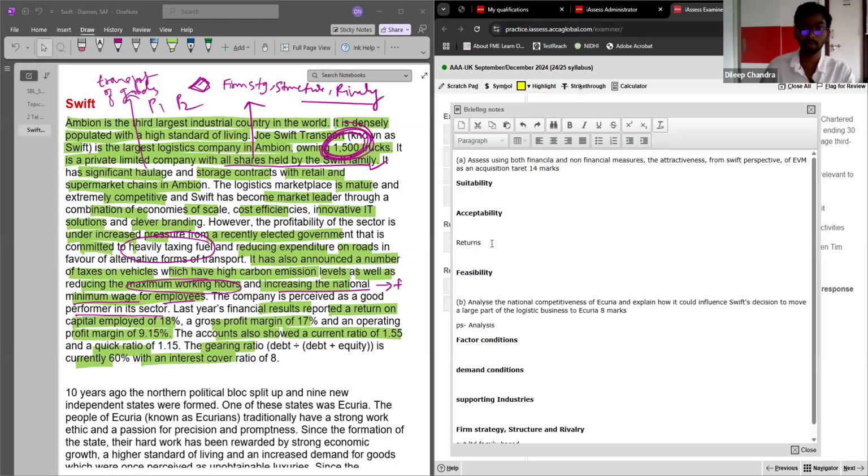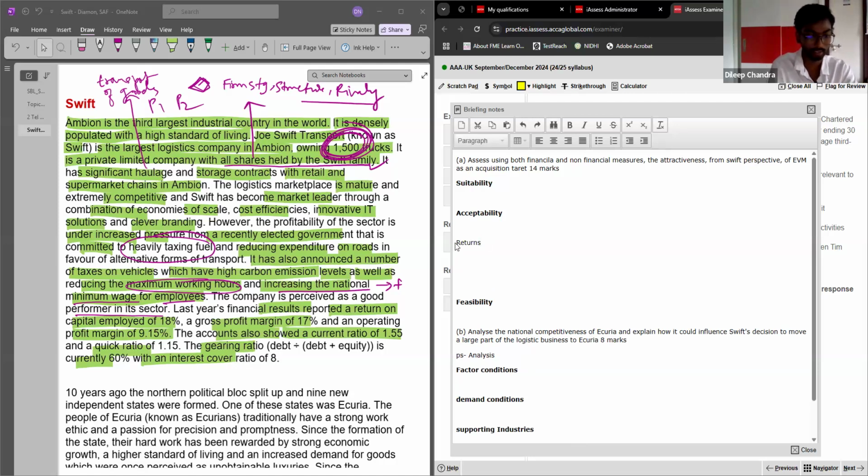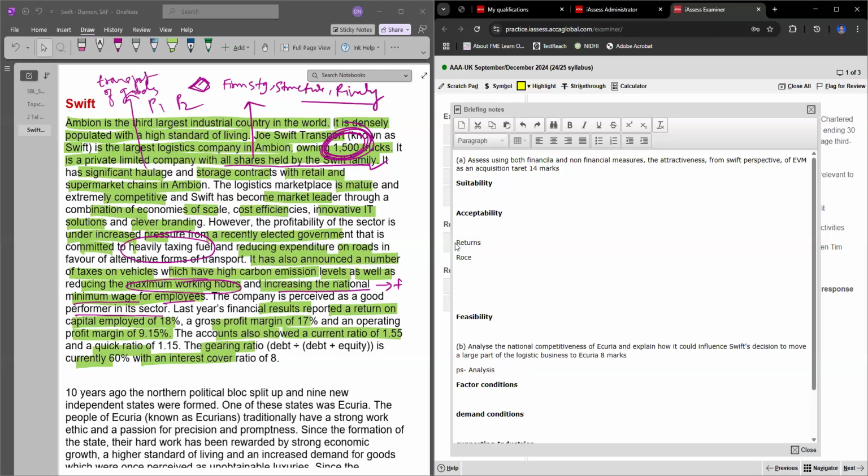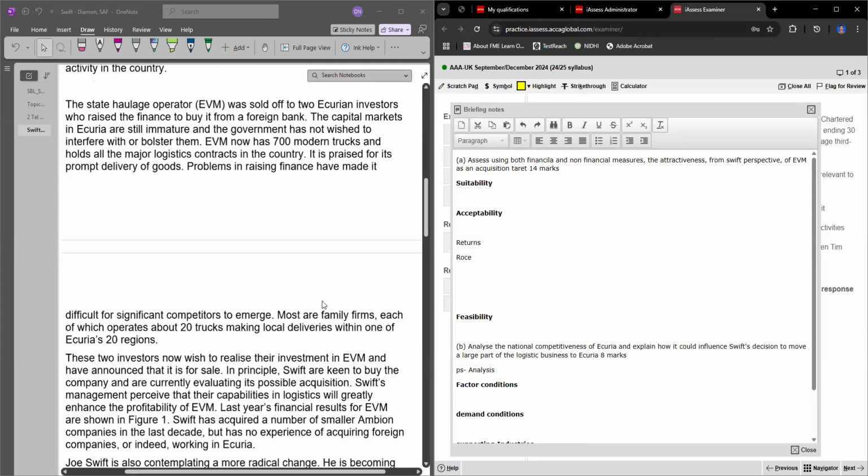So I'll talk about returns here. Returns in the sense, I mean the ratios. So I can come up with these ratios. What all ratios do we have here? First, they talked about return on capital employed. Sir, financial analysis should be asked in part B question, analysis skills. So is it okay to write in part A?